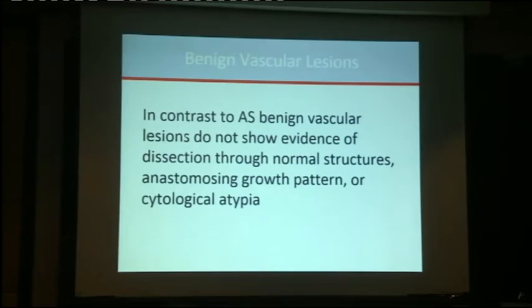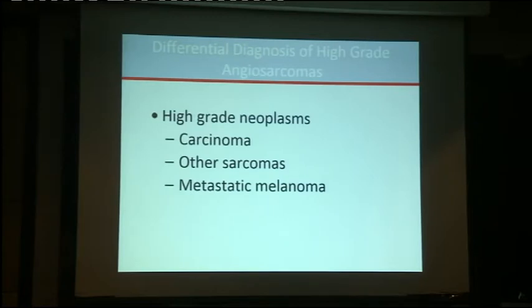The main differential clue on benign lesions is the dissection through the normal structures and this anastomosing growth pattern. Cytologic atypia, if it is there, is helpful, but if it is not there, it won't exclude malignant lesions.